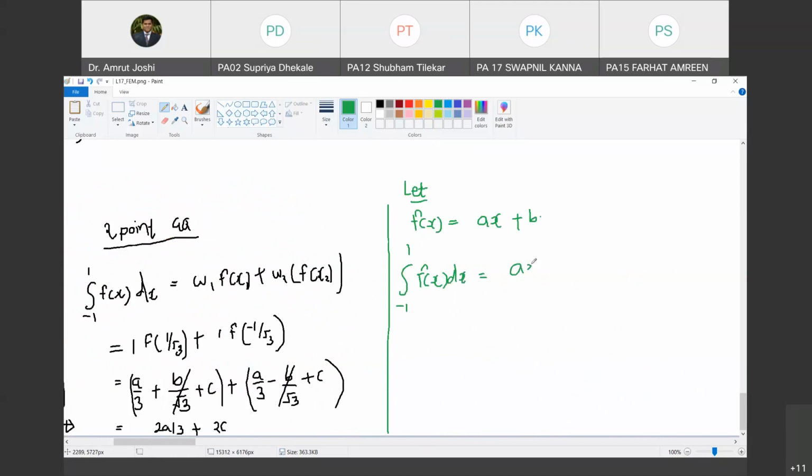Isn't it ax square by 2 plus bx, from -1 to 1? Happy? Yes, sir. If I substitute 1 here and -1 here, a by 2 is the same answer you are going to get. So when you do subtraction, this is going to vanish, and the only term that remains is 2b. Do you agree? Yes, sir. This is exact.